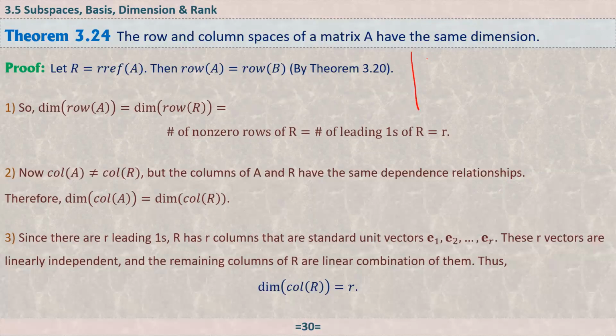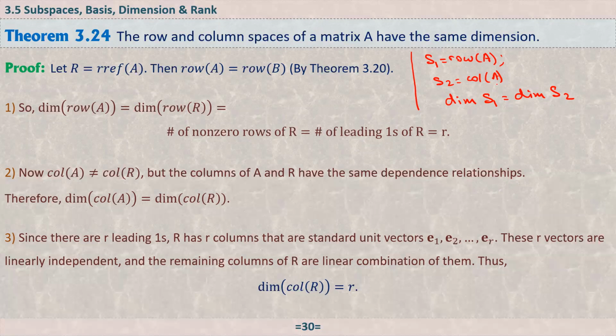Let's say S1 is the set of all vectors produced by linear combinations of the rows of A, and S2 is the column space of A. This theorem says that the dimension of S1 is always equal to the dimension of S2. That means the dimension of the row space of A is equal to the dimension of the column space of A.